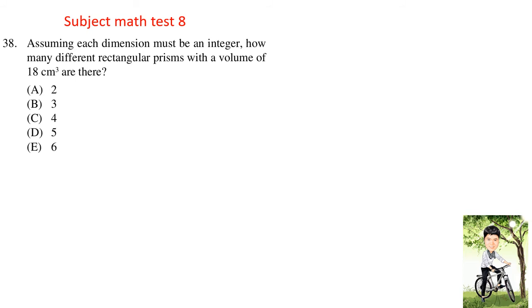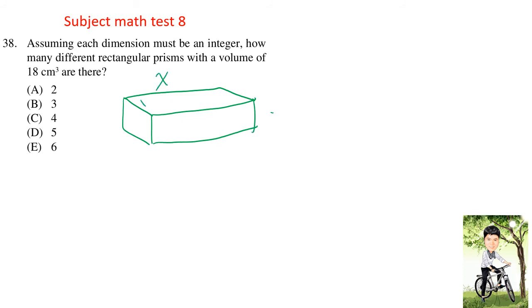Let's talk about a rectangular prism with volume of 18. How many possible? Therefore, we assume the length, width, height as x, y, z. See this in the graph. We find the possible solutions for the equation x times y times z equals 18.